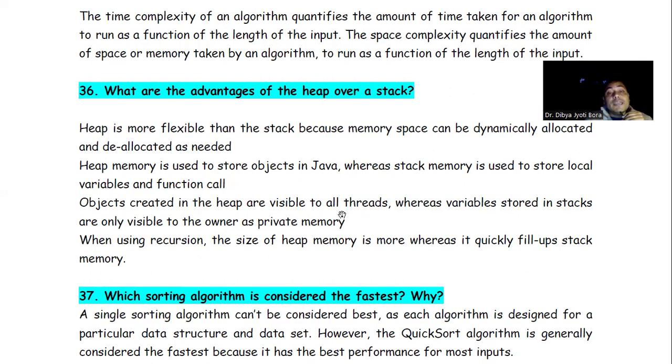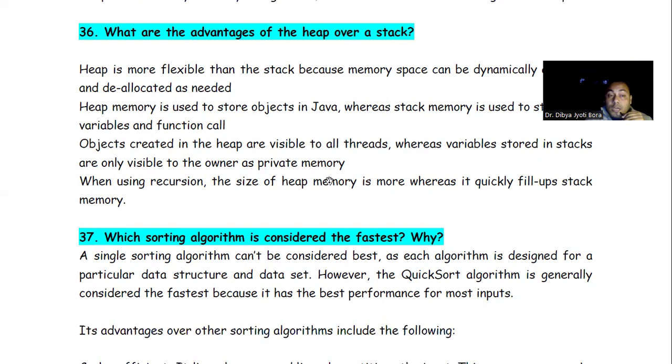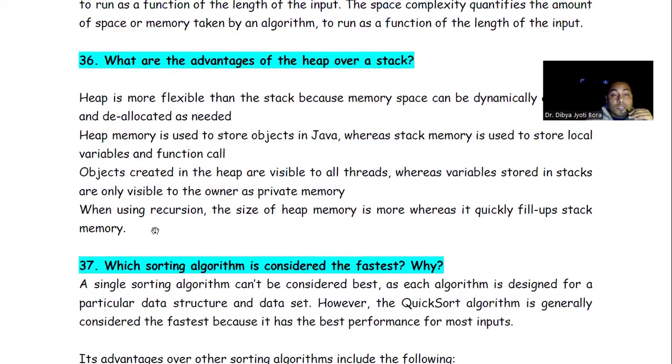Objects created in the heap are visible to all threads, while variables stored in the stack are only visible to the owner as private memory. When using recursion, the size of the heap memory is more, whereas it quickly fills up stack memory. Okay, so these are the advantages.